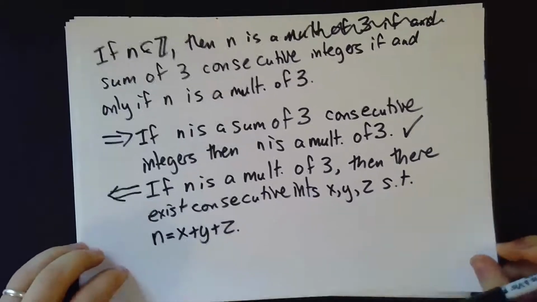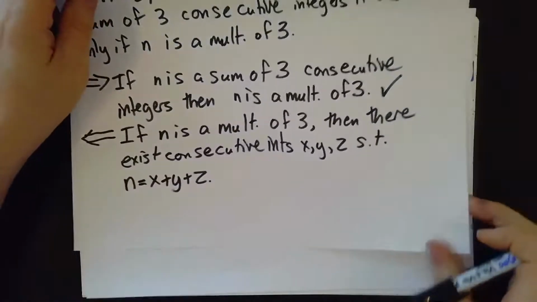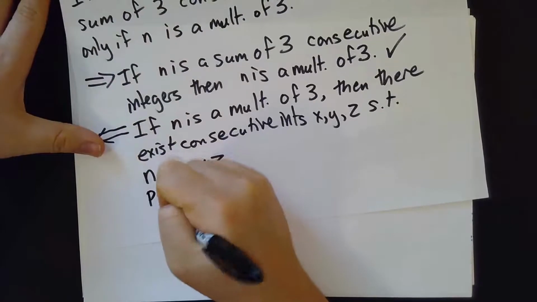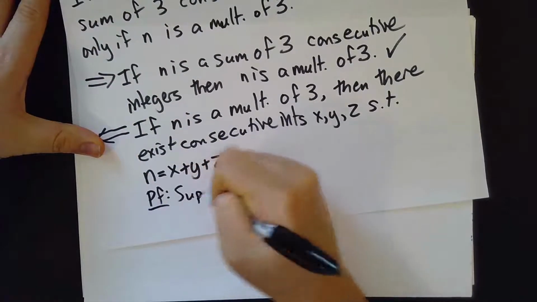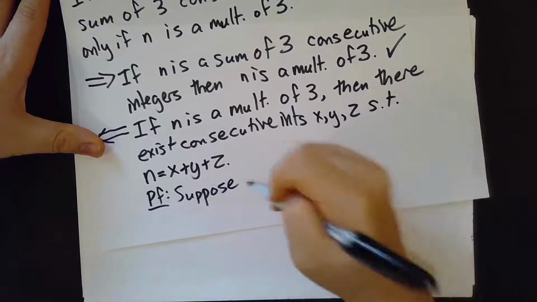Okay, so when we go to write this proof, it's going to start with, suppose n is a multiple of 3.